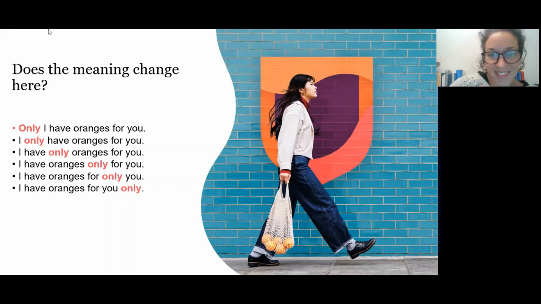Okay, we have answers: none, 2, 3. Yeah, but not all of them. Even though they consist of the same words, it's not like in math.